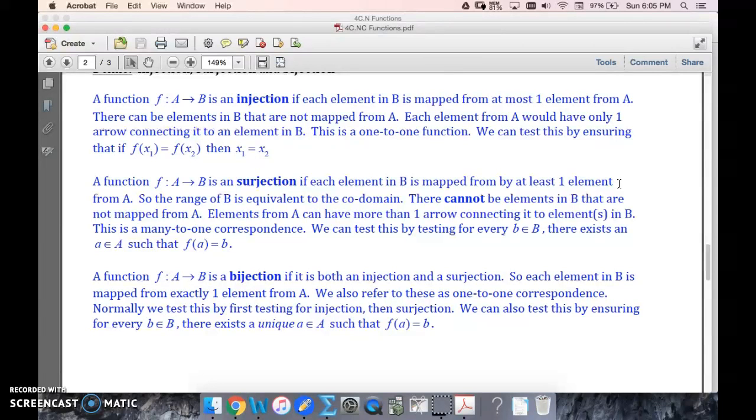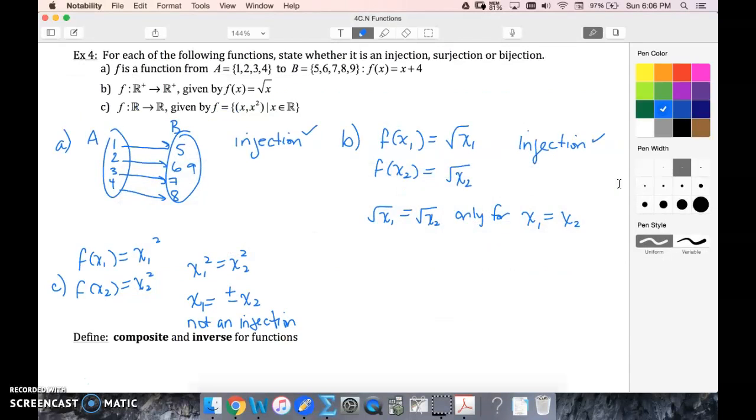Elements from A can have more than one arrow connecting it to elements in B. No problem. That's okay. But every element in B has to be mapped by something in A. So let's look over here. We've got 9. So 9 is not mapped, so this is not a surjection.